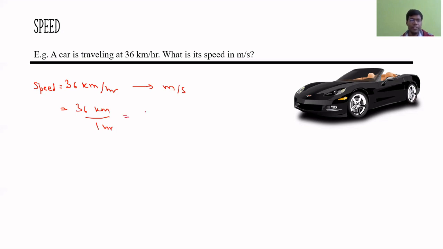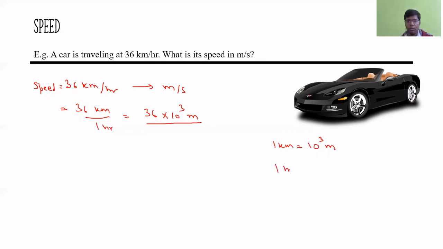I can write it like this. To convert 36 kilometers into meters, this will be 10 power 3 meters, because we know that 1 kilometer is equal to 10 power 3 meters. So 36 kilometers will be 36 multiplied by 10 power 3 meters, and the hour I have to convert into seconds.